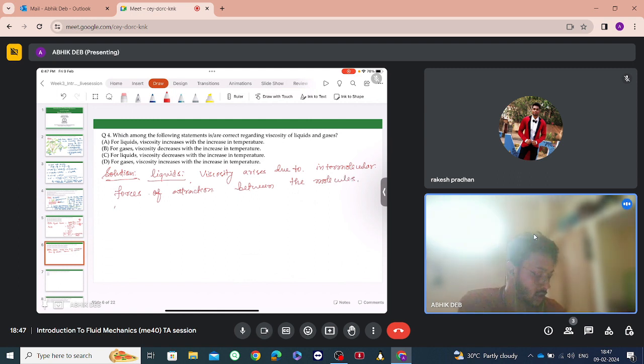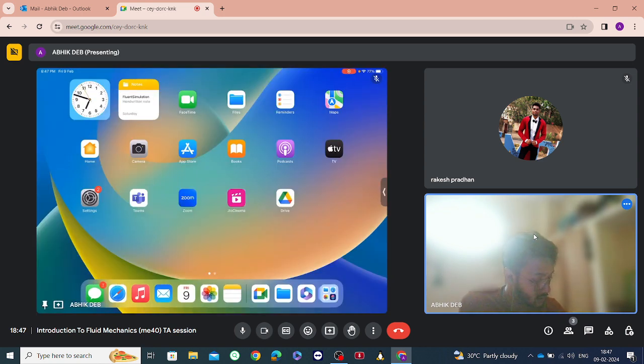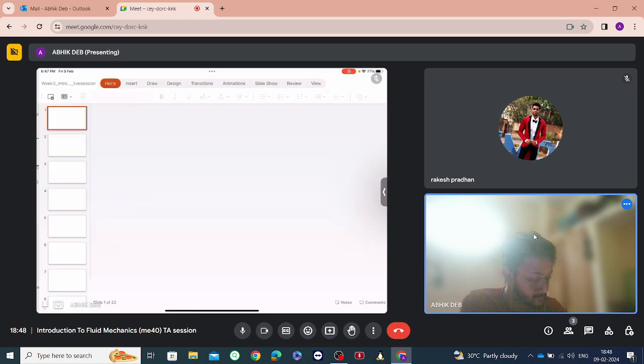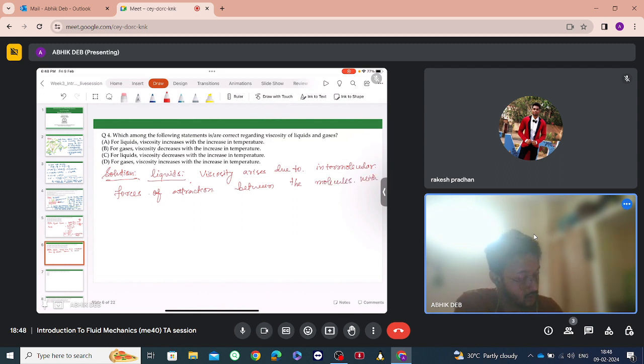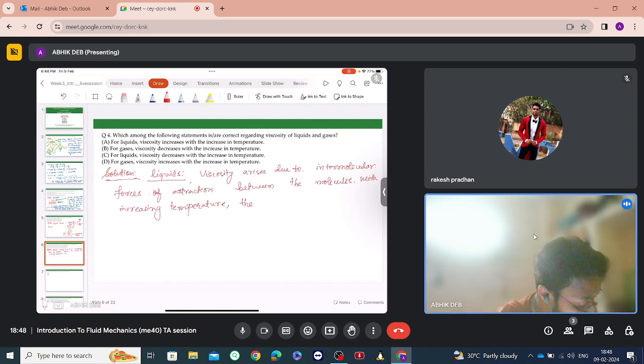Now, with increasing temperature, the molecules will move away from each other, and these intermolecular forces of attraction will decrease.